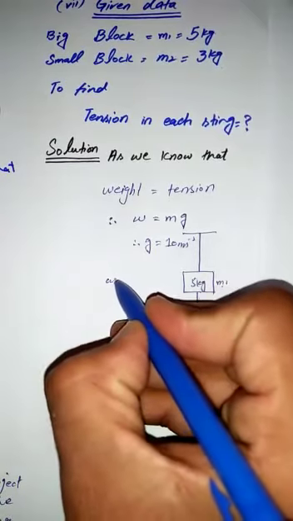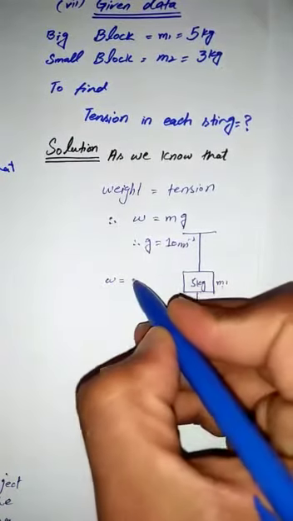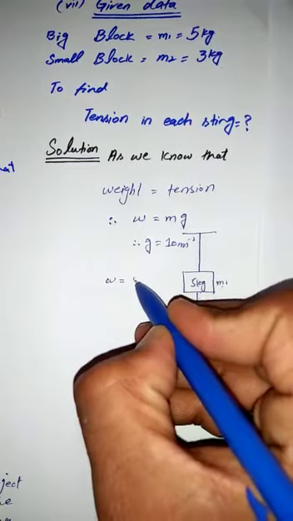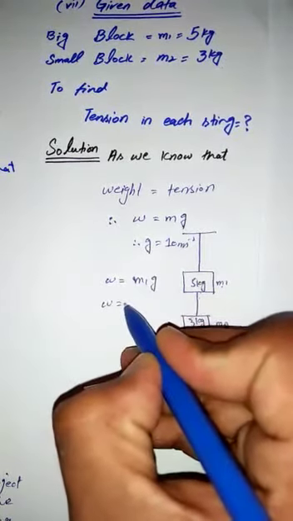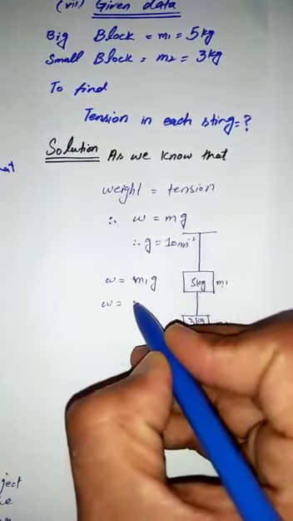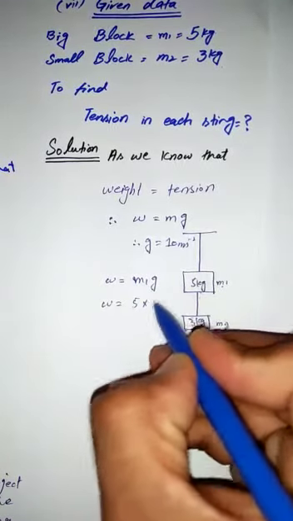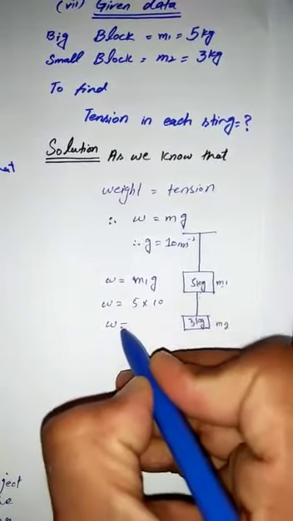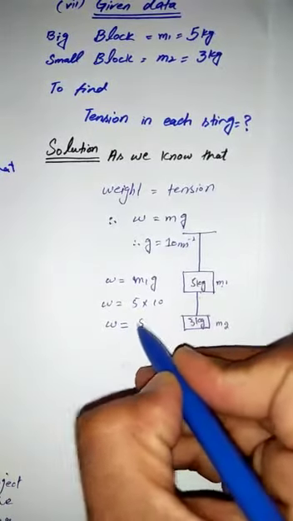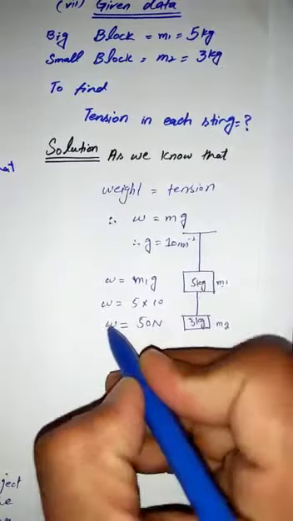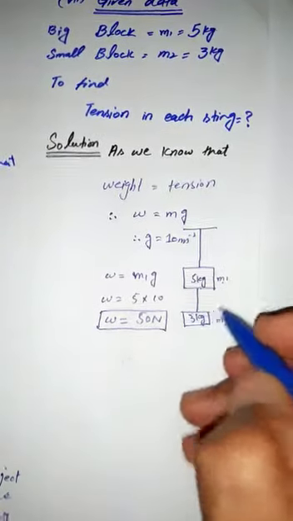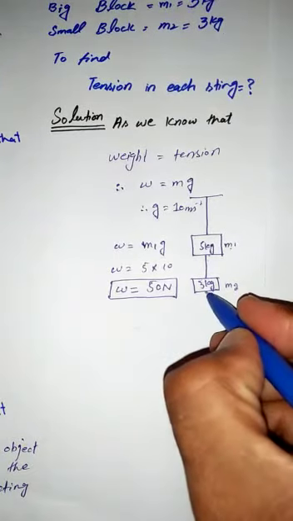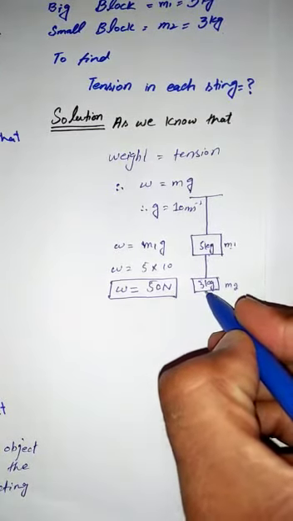By this formula the weight will be equal to m1, which is 5, multiplied by 10. The total weight of object 1 is 50 Newton. That is the weight of this one. Similarly, we will find the weight of the other object, m2.